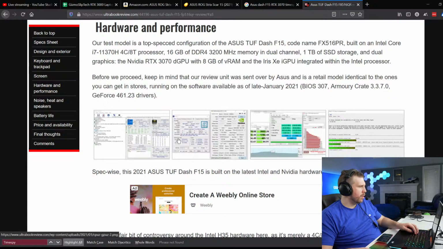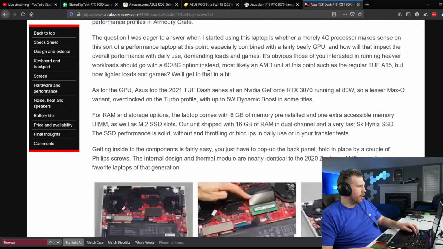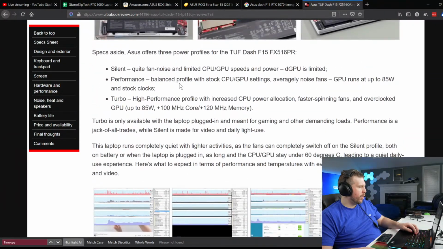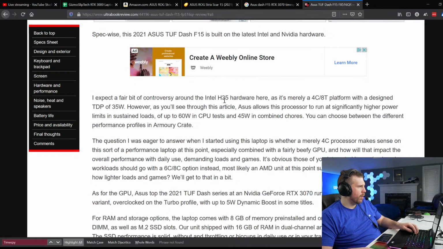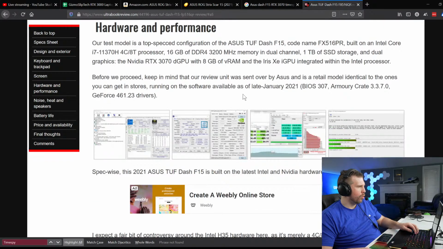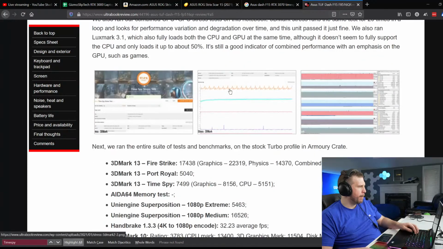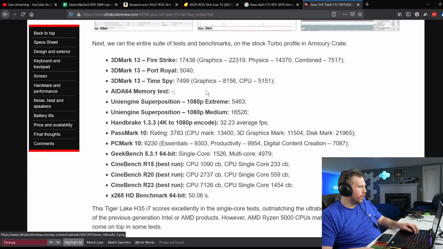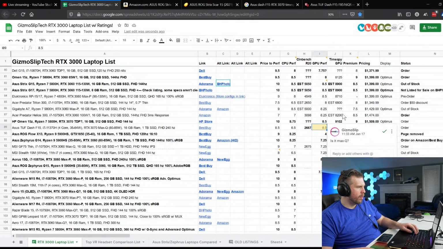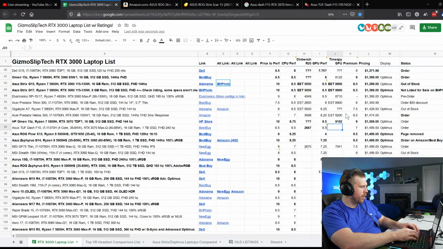Doesn't like us. Okay. Here we go. Timespy graphics score is 8156. 8156.